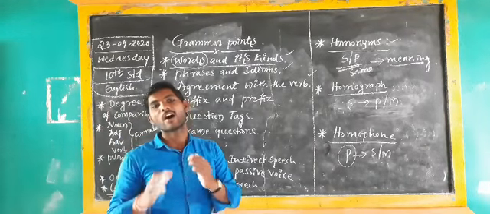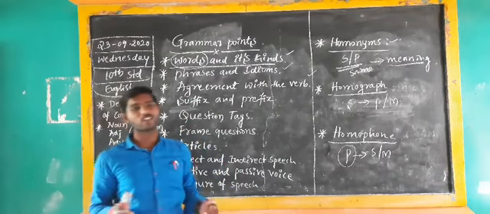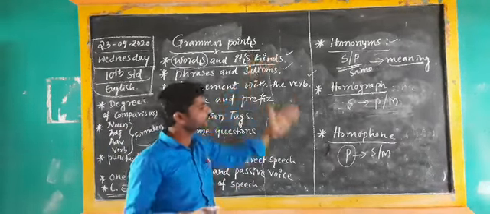Antonyms means opposite meaning words. Synonyms means equal meaning words. And homonyms has three kinds, that is homonyms, homographs and homophones. So in this class we have to understand words and its kinds and definitions.